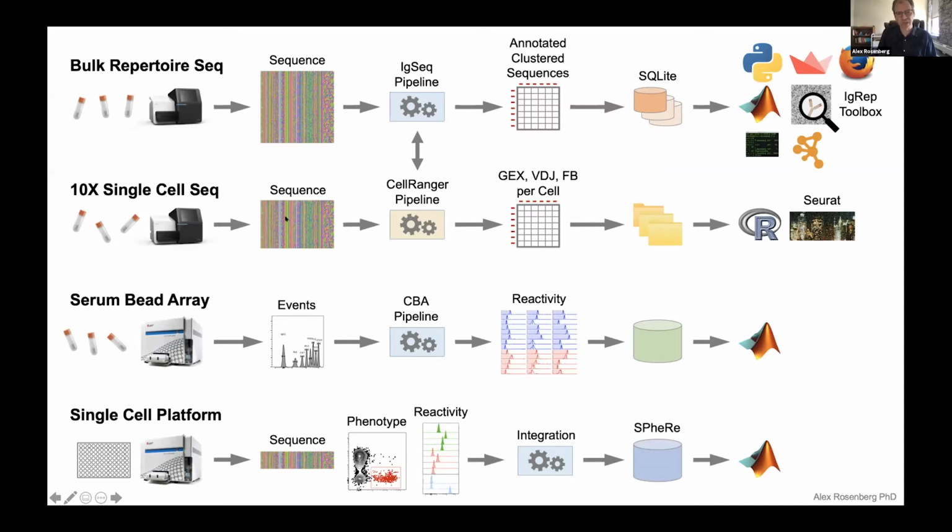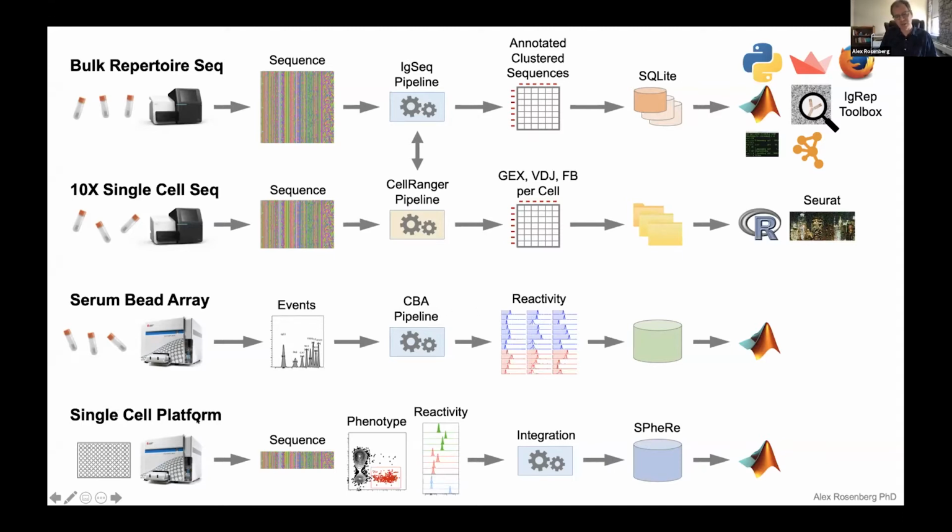We're also doing work on 10x single cell sequencing, combining gene expression, B-cell receptor, and feature barcoding, where you can understand the phenotypes of individual cells as well as potentially antigen reactivity.